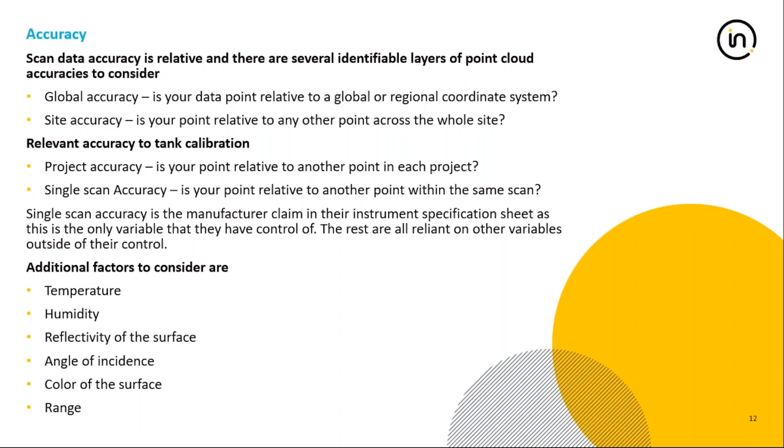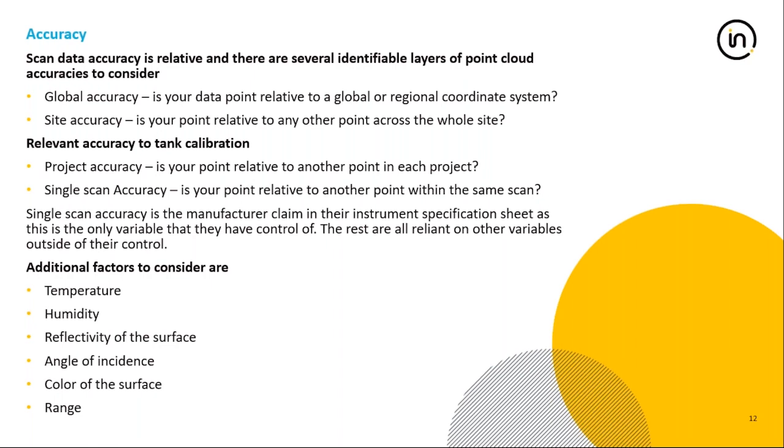Let's say that you have to make several measurements to get the full volume of the tank, and how the whole point cloud is going to relate to the other clouds of points that you are taking in a different section of the project.